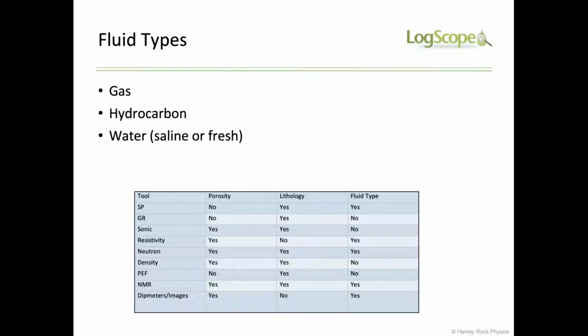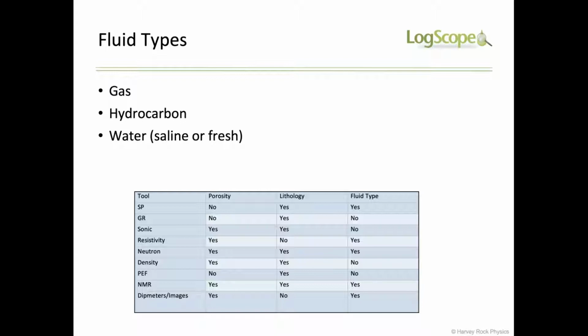In terms of fluid types, we have gas, we have hydrocarbon, and we have water. And down the bottom, I've put a little table that describes the tools and the things that they can measure. So at the top, the SP is the spontaneous potential, and that measures lithology and fluid type.